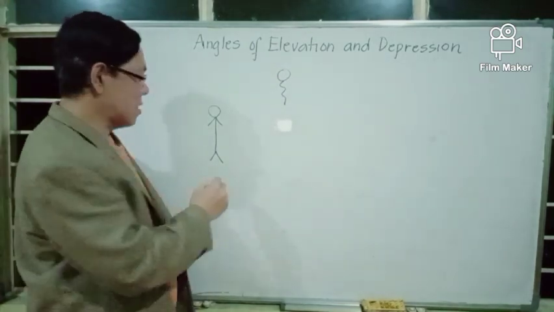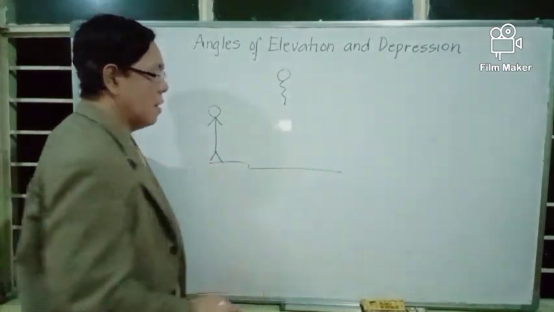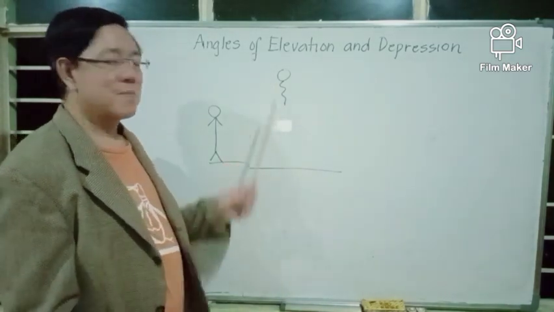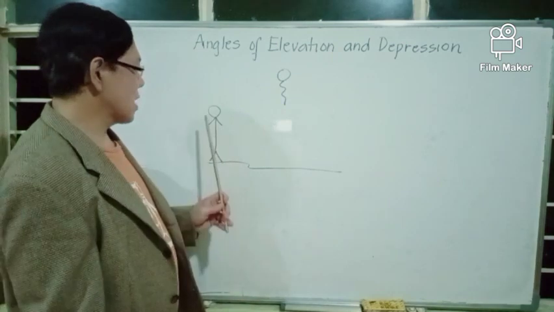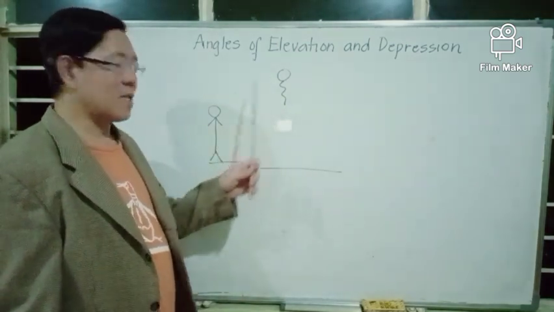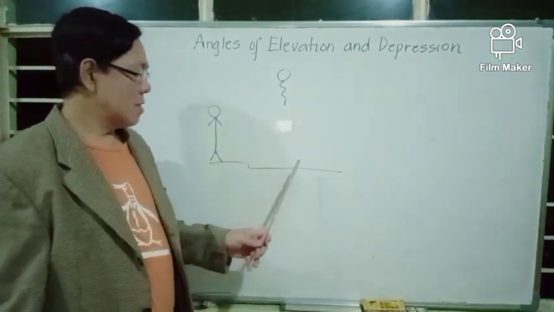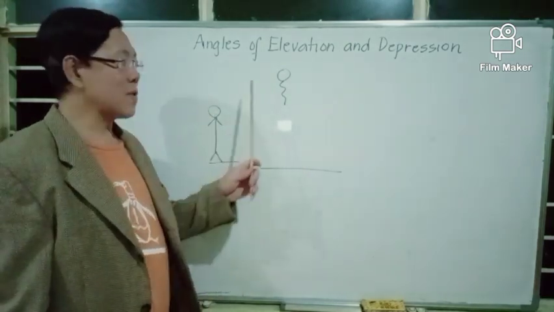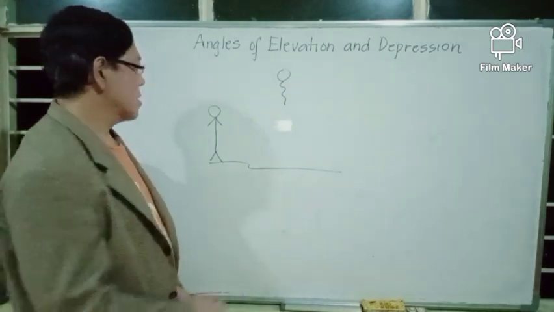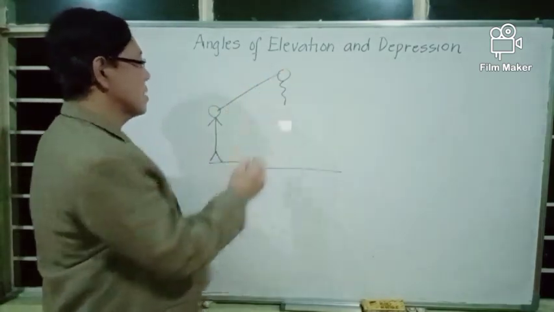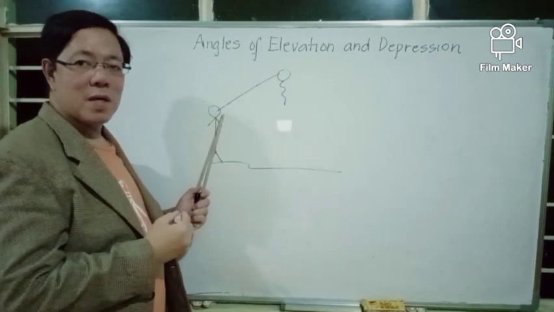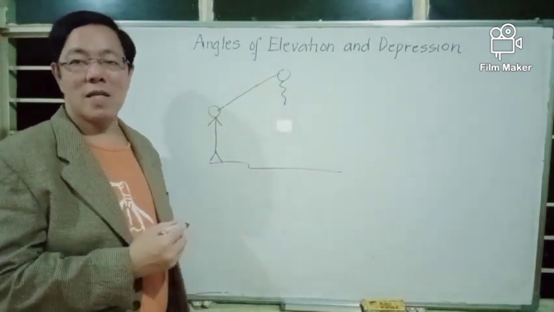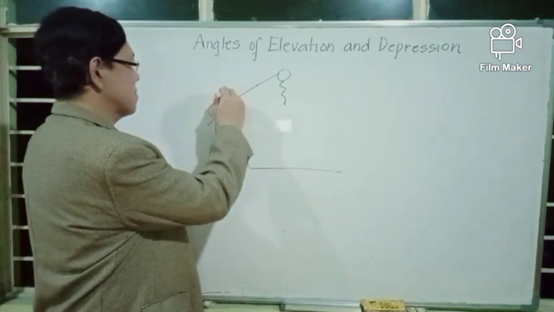The observer is standing on a flat horizontal surface, and the object is above the observer, above the horizontal surface, and the observer is looking up at the object. And this line from the eye of the observer to the object is the line of sight of the observer.